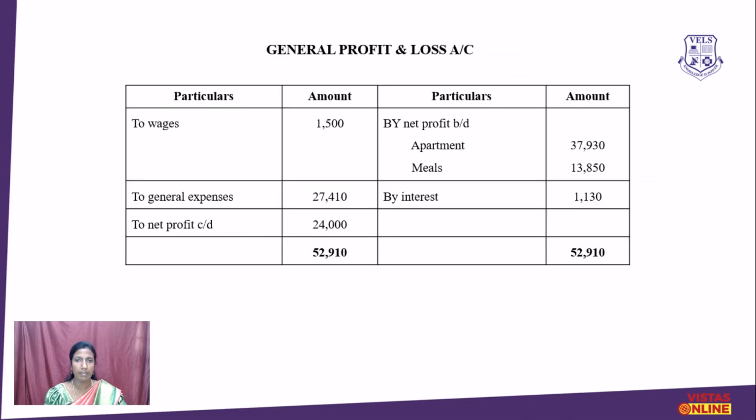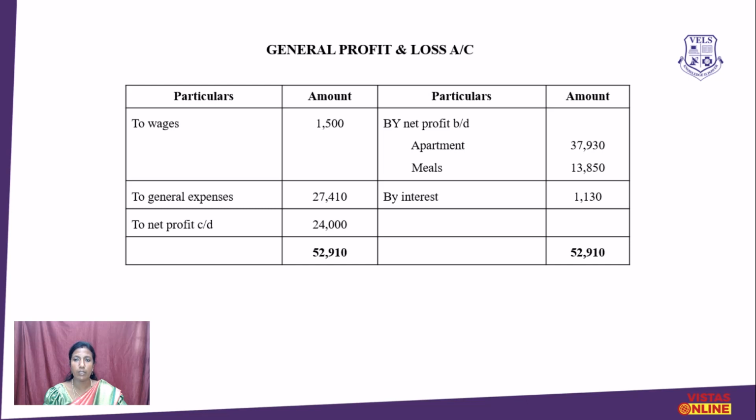Now the general profit and loss account. To wages 1,500, to general expenses 27,410, net profit carried out 24,000. By net profit brought down, apartment 37,930, meals 13,850. Before starting this profit and loss account, we bring down the net profit values calculated in the last profit and loss account.